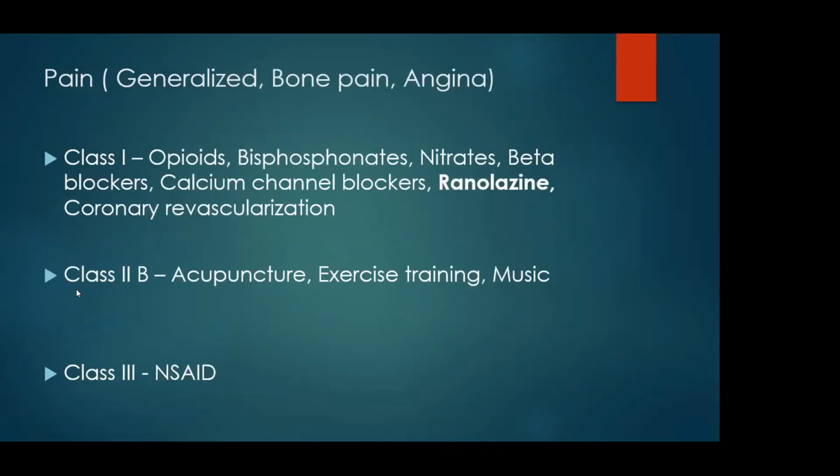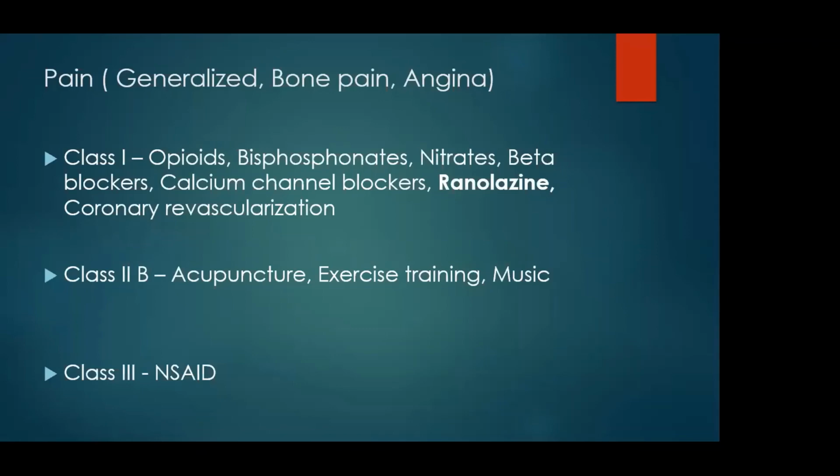What about pain? We need to understand that there's generalized pain. There could be bone pain in these patients, and there could be angina. So again, a lot of evidence for opioids, bisphosphonates, nitrates, beta blockers, calcium channel blockers, and there's another drug called ranolazine. If you look at the cardiac prescription, you might come across this medication because it is given for angina.